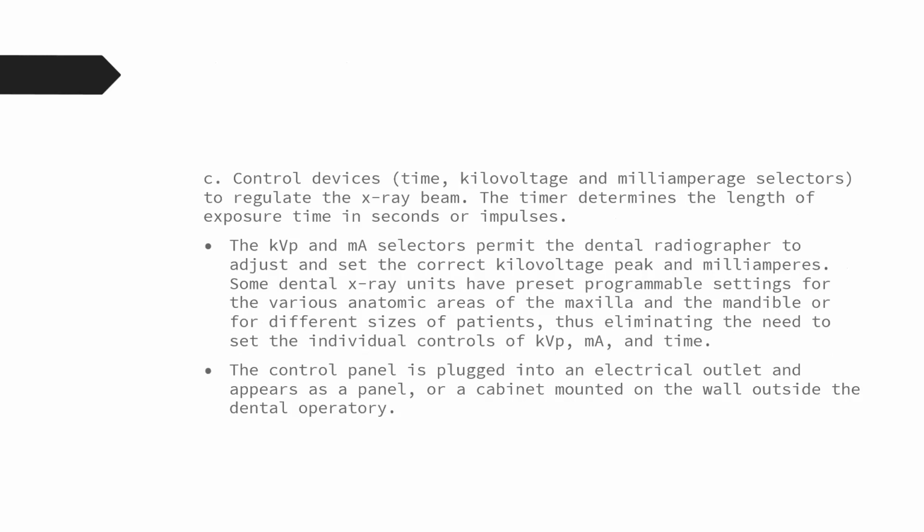Now, control devices. We're looking at the timer, kilovoltage, and milliamperage selectors, and these basically regulate the X-ray beam. The timer determines the length of the exposure time in seconds or impulses.